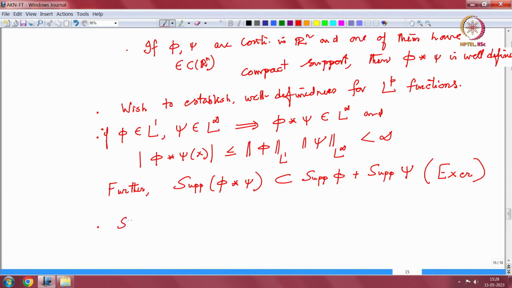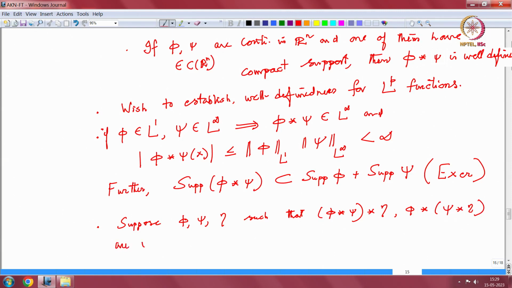Suppose phi, psi, theta are such that you can take the convolutions phi star of psi, then you convolve with theta, and phi star of psi star theta, assuming that the well-definedness is there, are well defined, then they are equal.